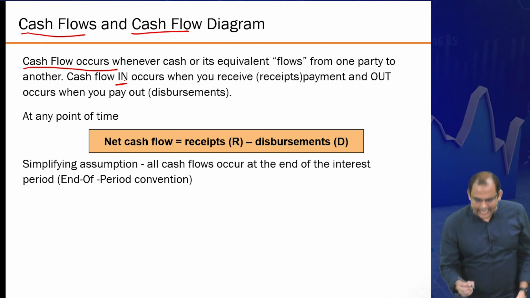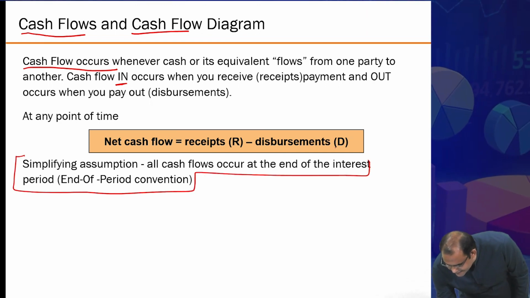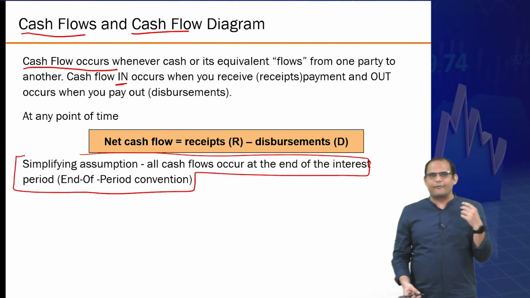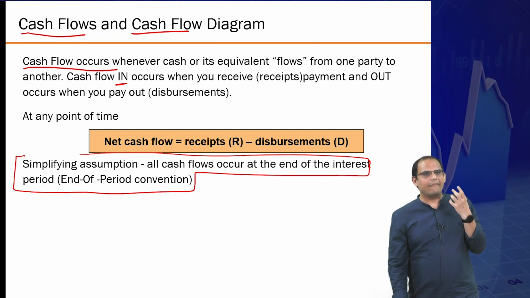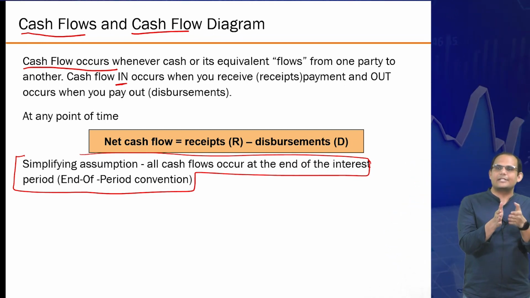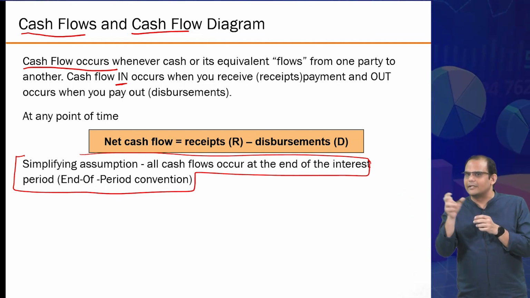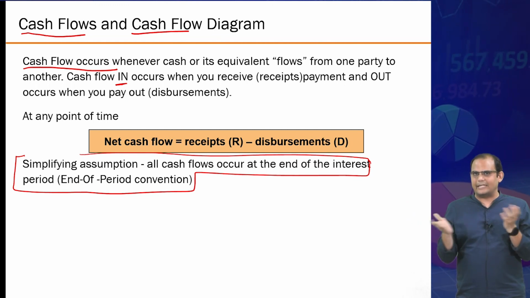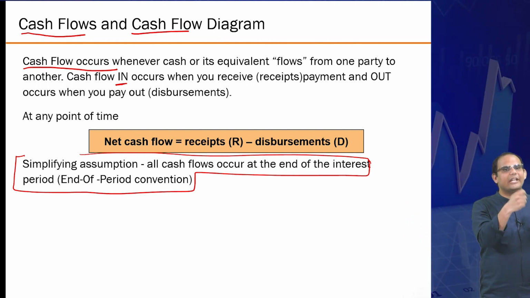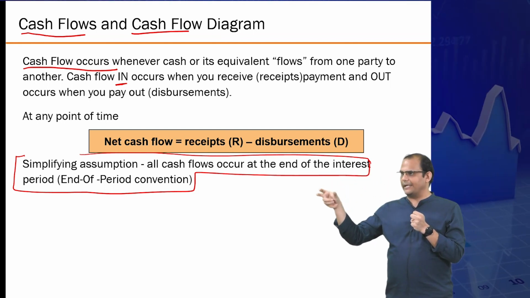We call something the end of period convention, and we use this convention very often in this particular course. The idea is, for example, if you have an interest rate on a monthly basis, can you imagine on a construction site that within a month there will be no cash transaction? Can it happen? You will typically be doing transactions on a much more frequent basis compared to the rate period that you have estimated, right?